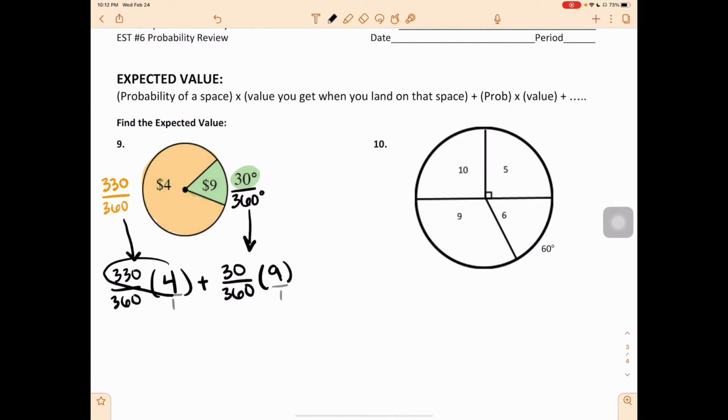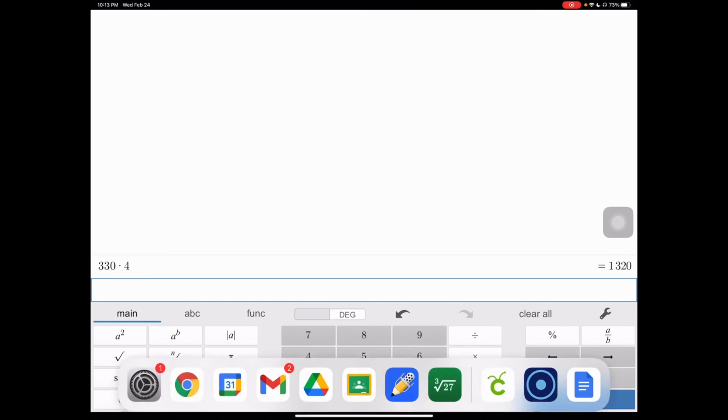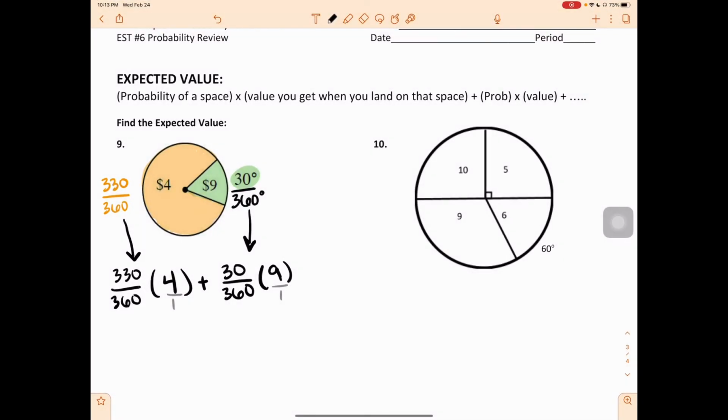We could do 330 times 4. So let's go and do that. 330 times 4 is 1,320. Yes, it's a big number, but we have calculators for that. So 1,320 over 360 times 1, 360. 30 times 9 is 270, over 360 times 1, which is 360.